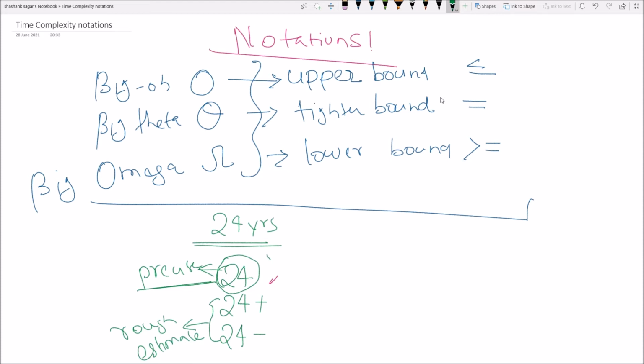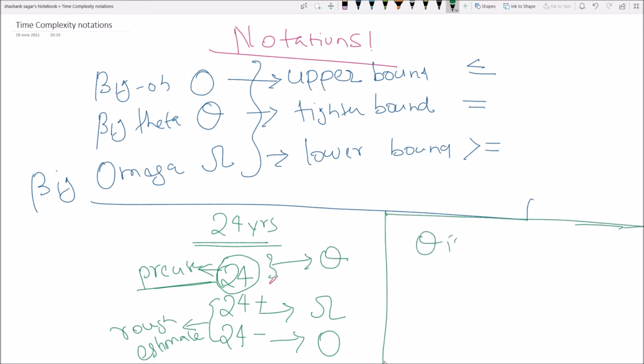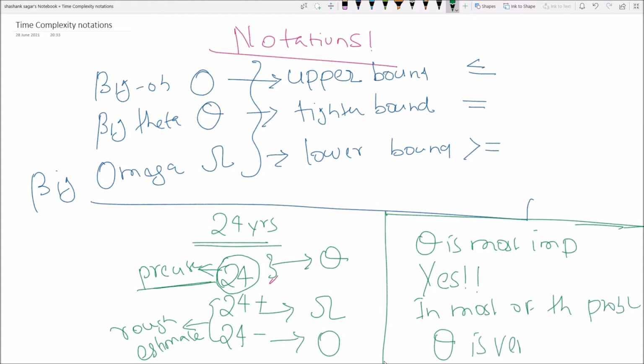So you can think of the first as theta, the second as omega, and the third as O. So you may be thinking that theta is most important, and you are right. But in most of the problems, finding theta is very difficult. So we go for O.